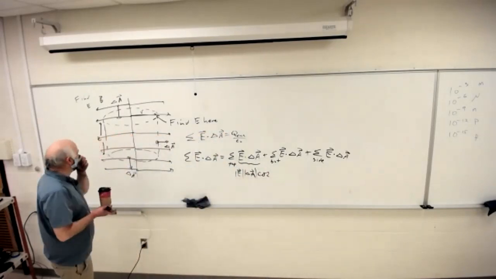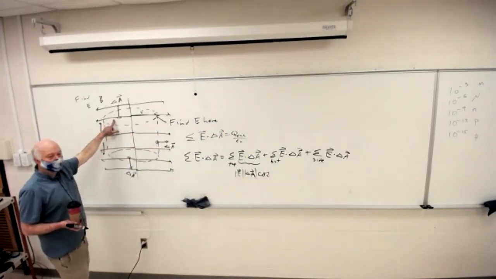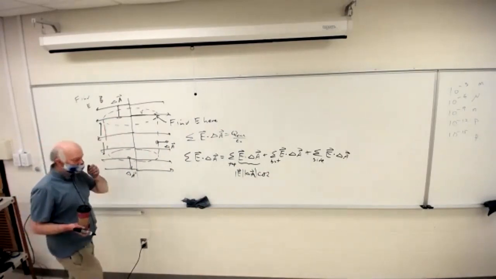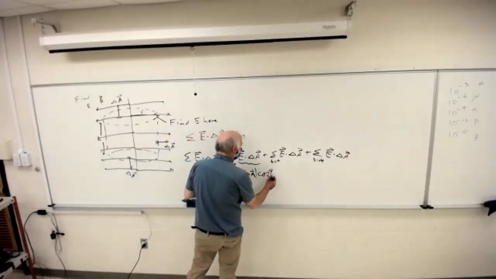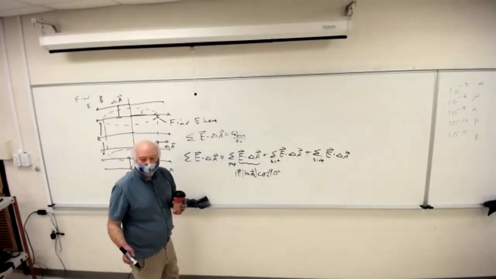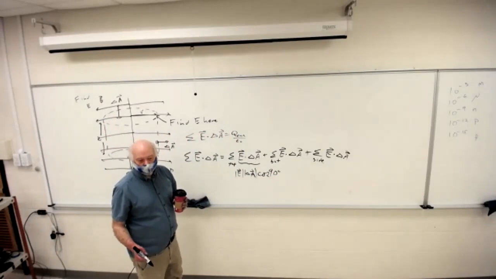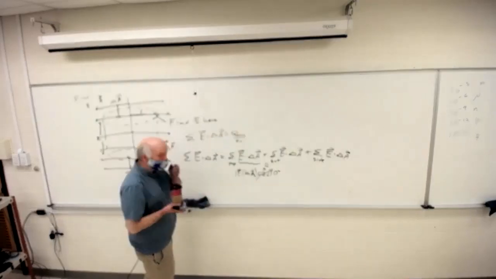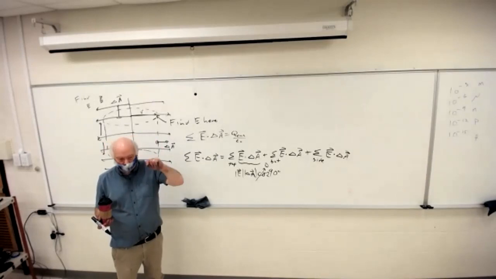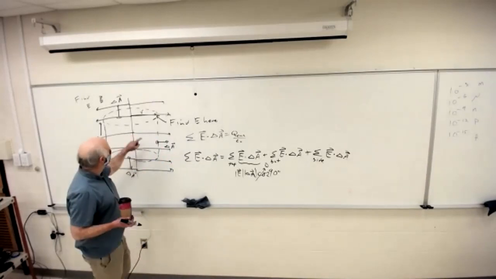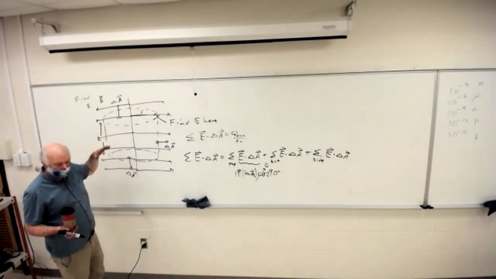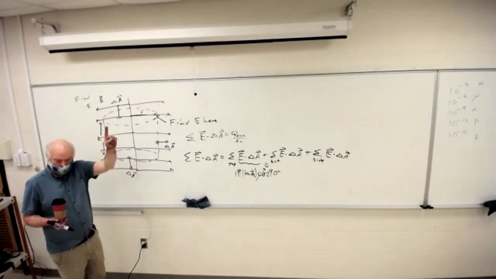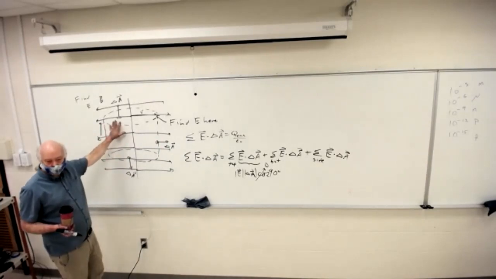What angle on the top does the delta A vector make with the electric field? 90. What is the cosine of 90? Zero. So there's no flux through the top. Flux tells you how much of a vector pokes out through the surface. This electric field isn't poking out through the surface, it's skimming the surface. That's why there's no flux through the top.